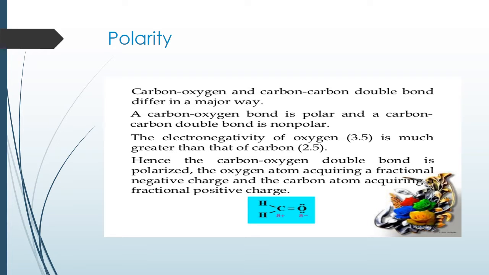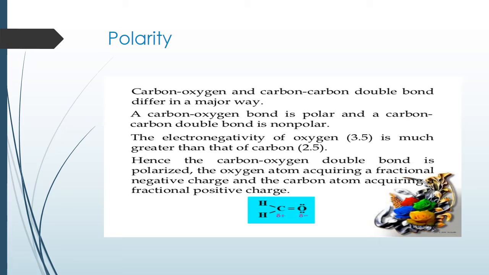Before going to my chapter on aldehydes and ketones, first I am telling you about the carbonyl compound. Why are carbonyl compounds very important? Because look at this picture, here is the C double bond O. Carbon is bonded with oxygen with a double bond.